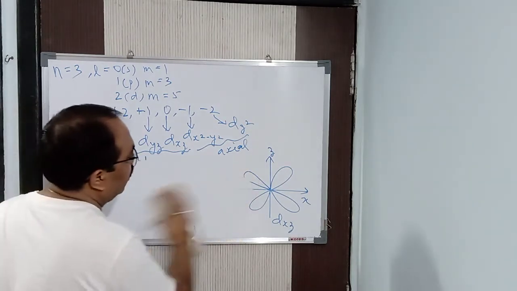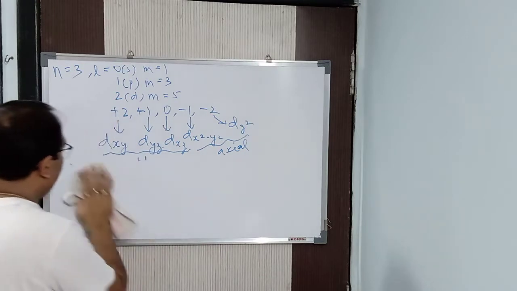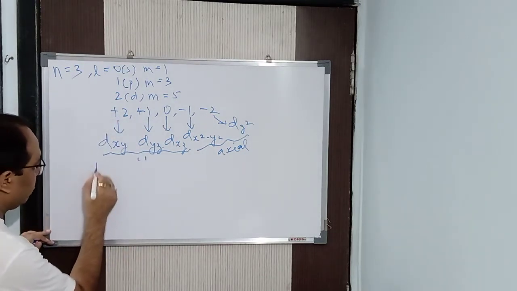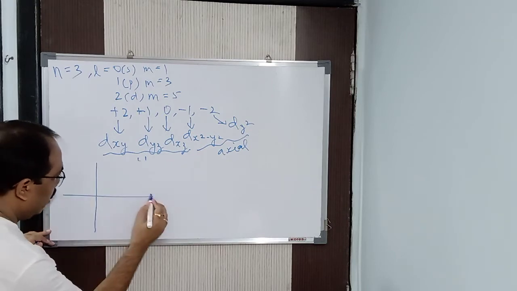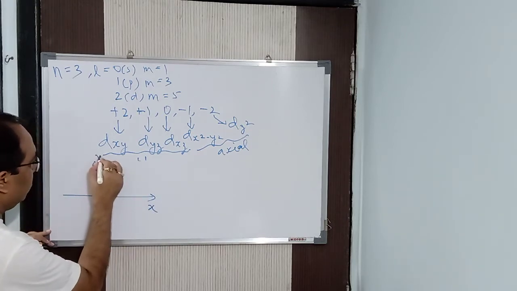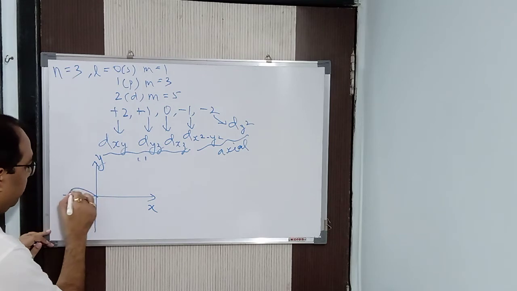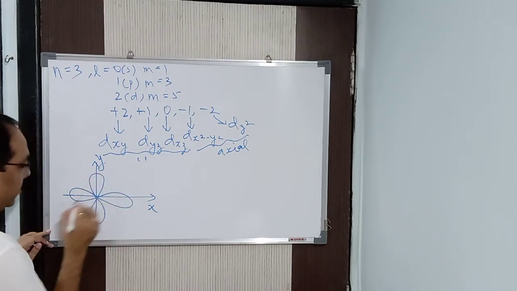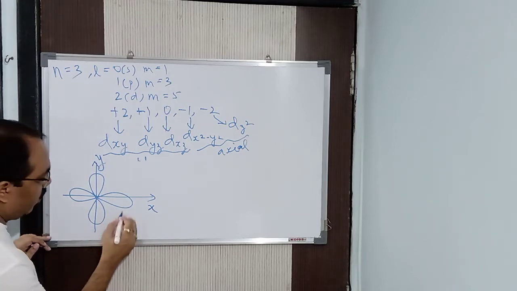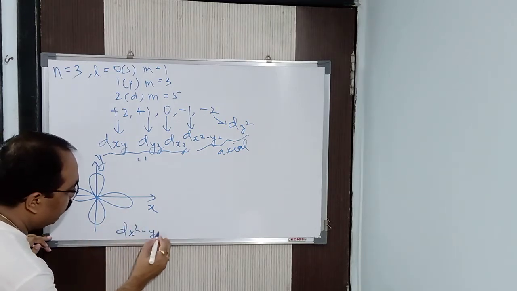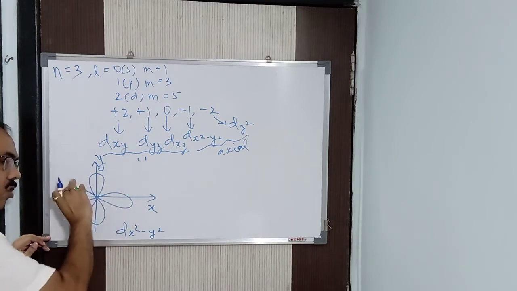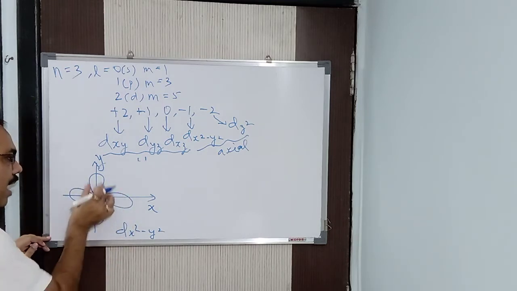Similarly, we have got two which are axial. That is dx square y square. Now listen carefully here. This is your x-axis, this is your y-axis. Now x square y square means another x orbital is overlapping and y is overlapping.